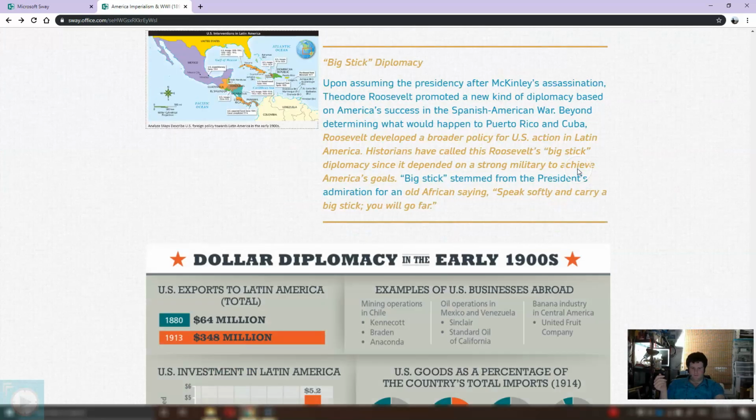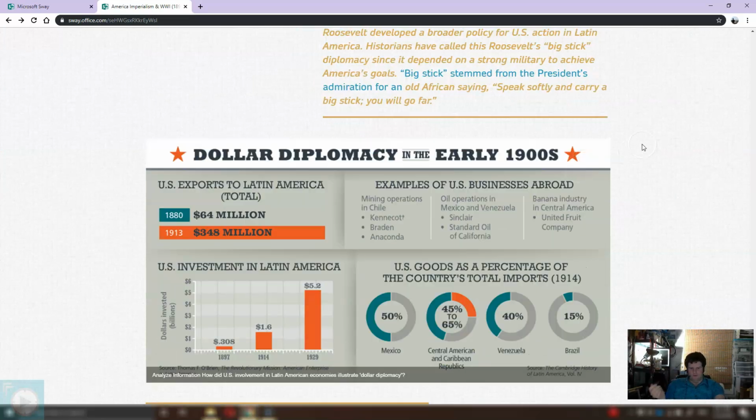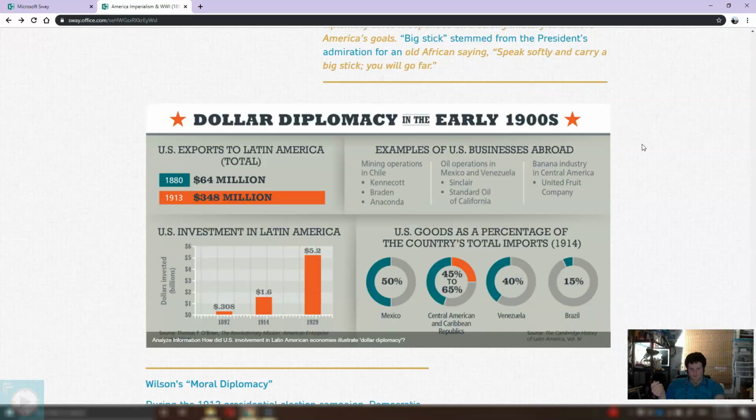But now we would also adopt another foreign policy under the next president. We would adopt what would be called dollar diplomacy. Whereas big stick diplomacy operates under this mentality of American power to protect American interests, dollar diplomacy also believes in this: we put money into something, so we should have a say in how it's being run.